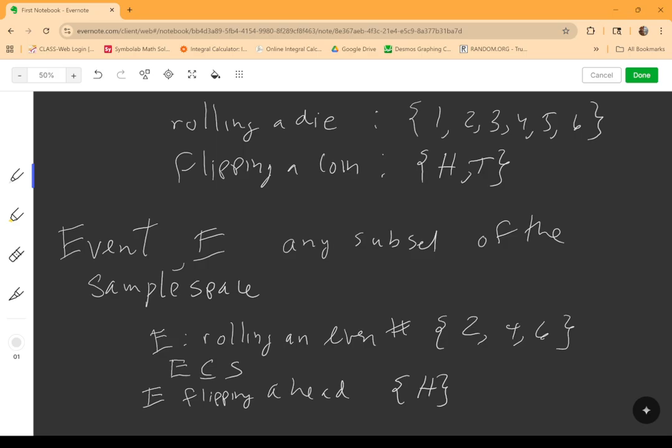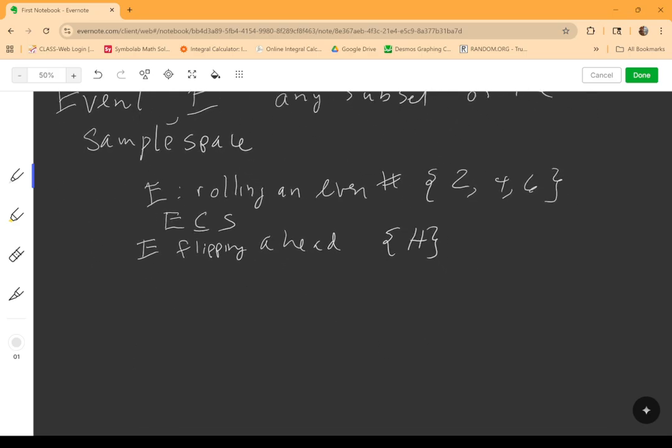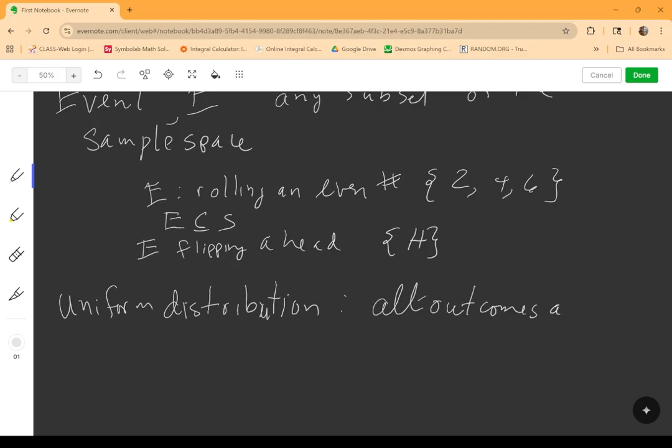Now we assume the uniform distribution, and what that means is all outcomes are equally likely.